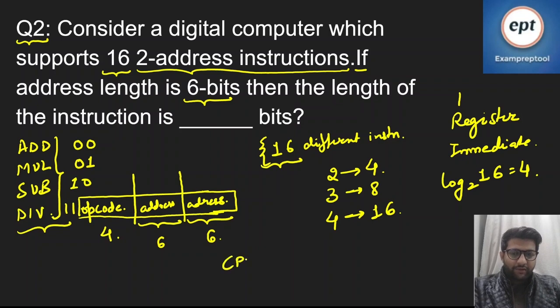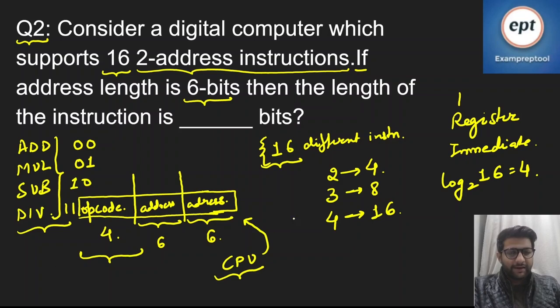When the CPU runs an instruction, it knows how many different types of instructions are supported, so it knows how many bits the opcode has.